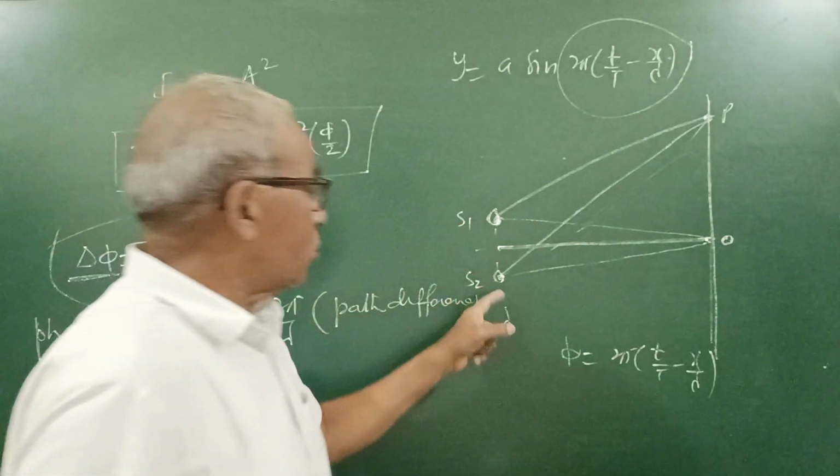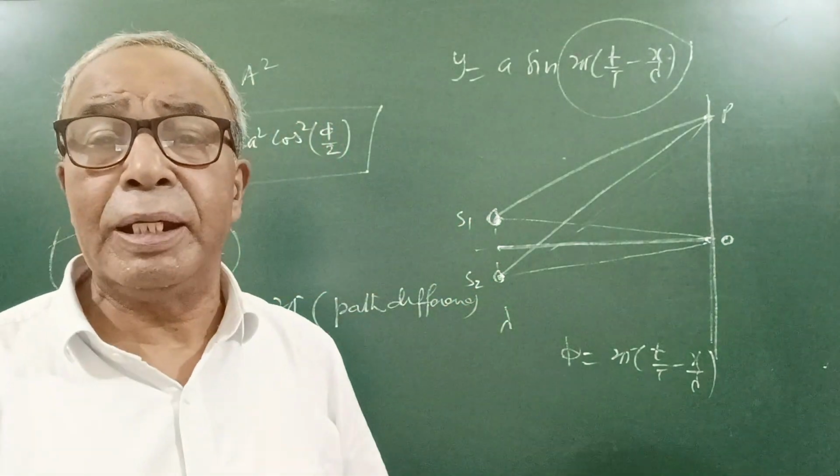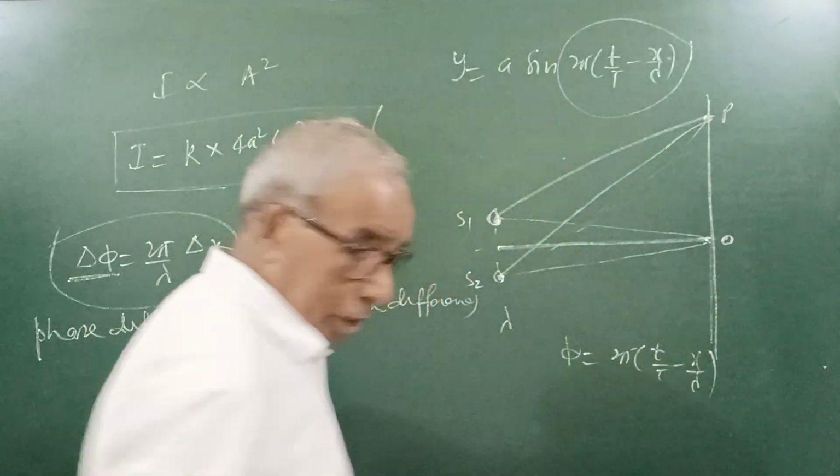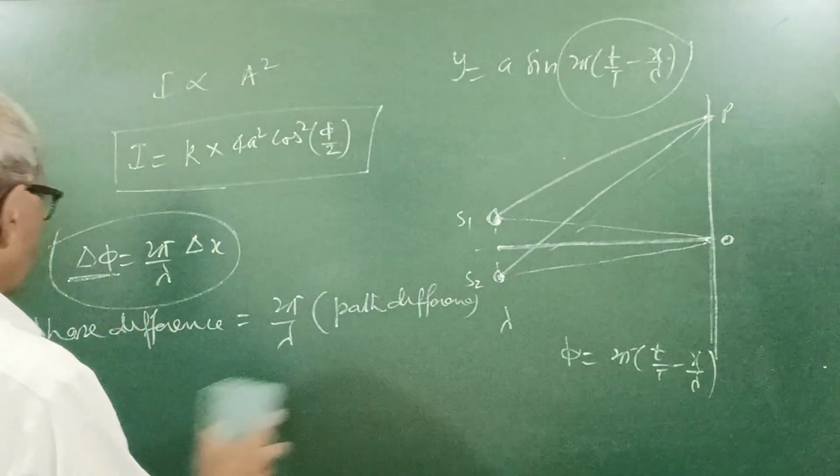Here S1 and S2 are two point sources emitting light in the same phase. OP is the screen, point O is equidistant, so delta x is 0.